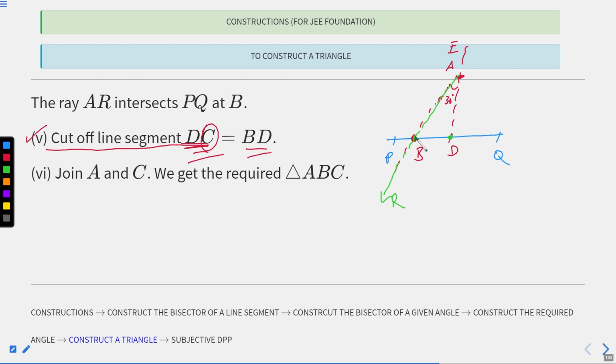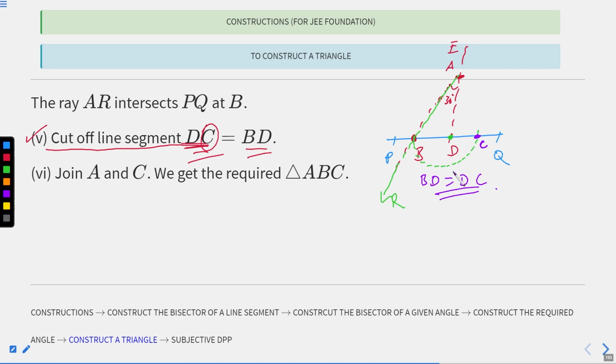We know the compass has two ends. I'm putting one end, the center, at D and another end at B, and marking a semicircle like this, and wherever it intersects, I am going to call that intersection point C. So from this construction I can easily say that BD is equal to DC. I hope this is clear.